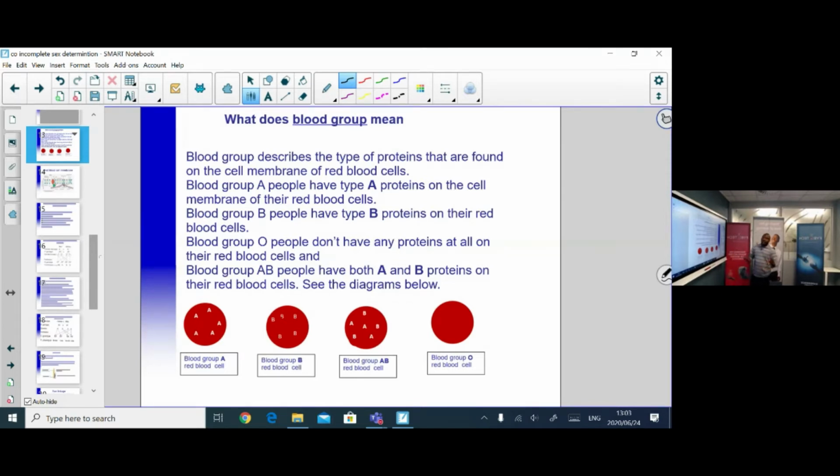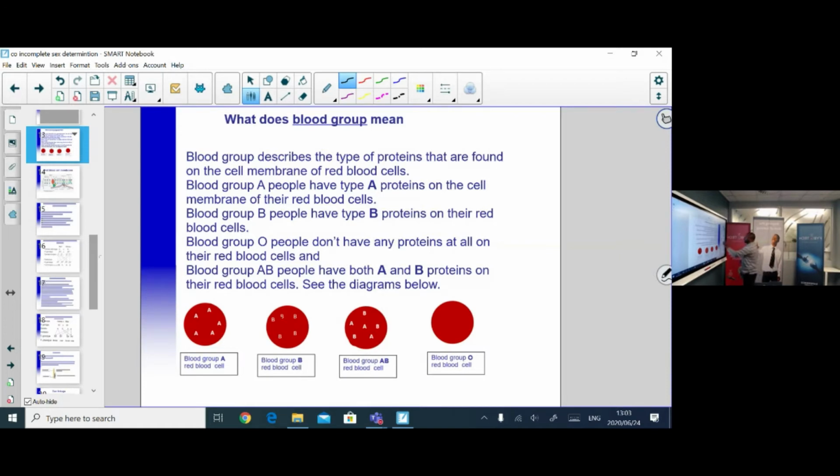After this, we'll do sex linkage. After sex linkage, I think I'll throw in dihybrid inheritance before we look at when meiosis goes wrong, an example of genetic disorders, chromosomal mutations or gene mutations.